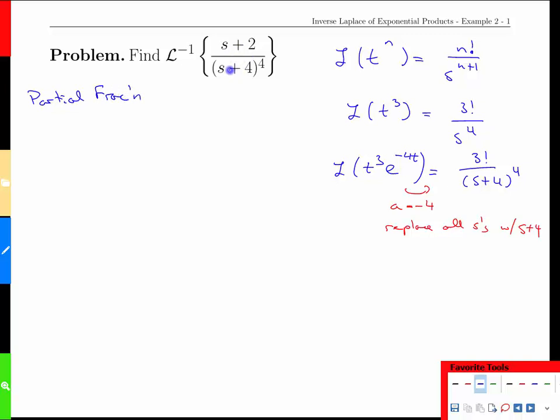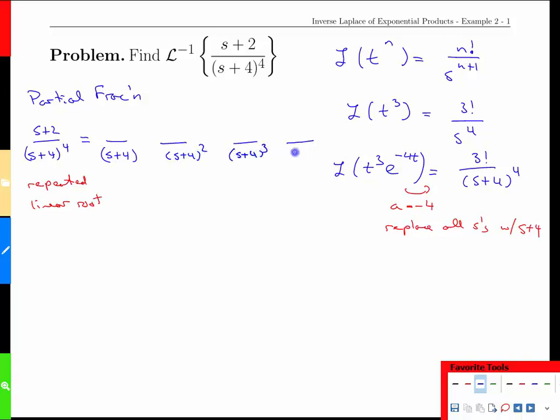If we know what a partial fraction decomposition would look like here, what do we have? In the denominator, we have a repeated linear root. We have s plus 4 four times. And the form for the partial fraction decomposition is to have all the powers of s plus 4 up to the 4th power.